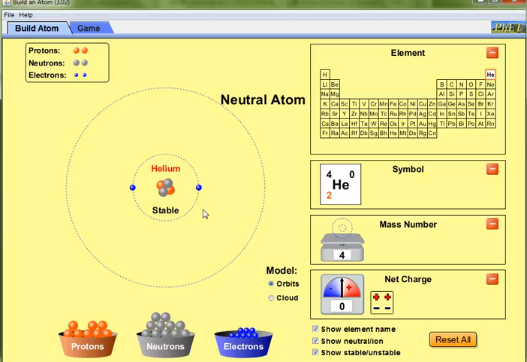Now you see that the K orbital here has two electrons in it, so that means that this is a completely filled K orbital. The L orbital is completely empty, therefore this is a stable atom.